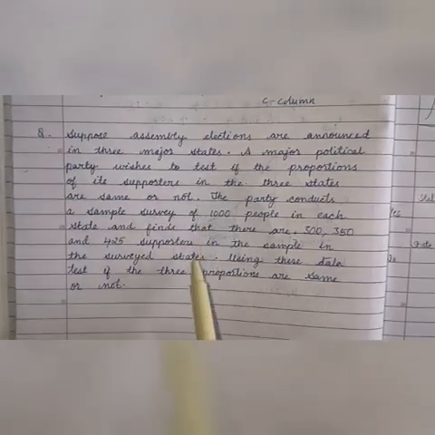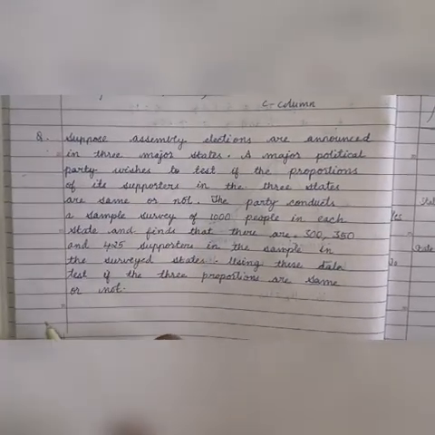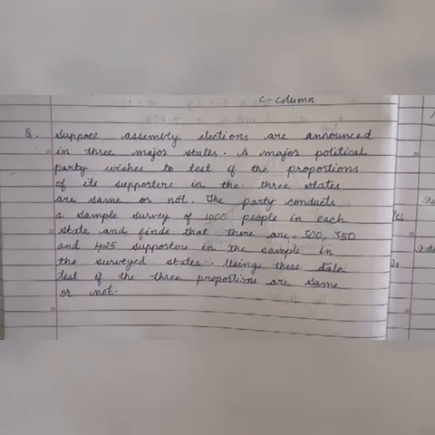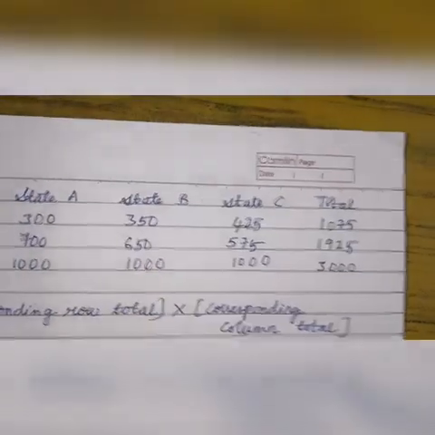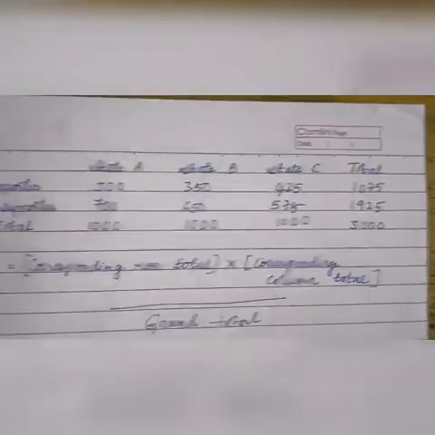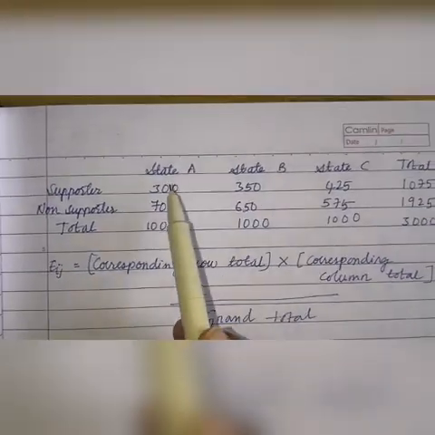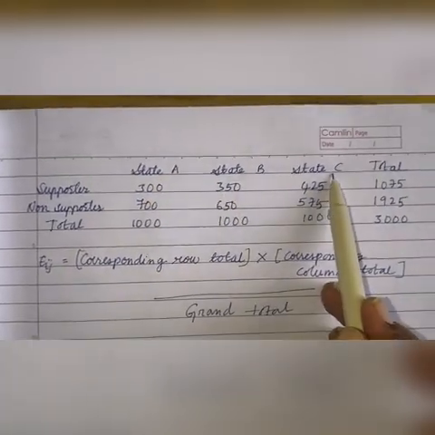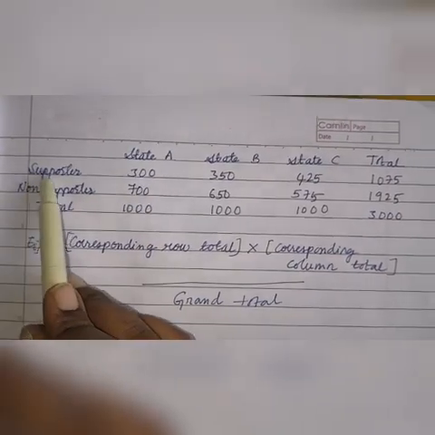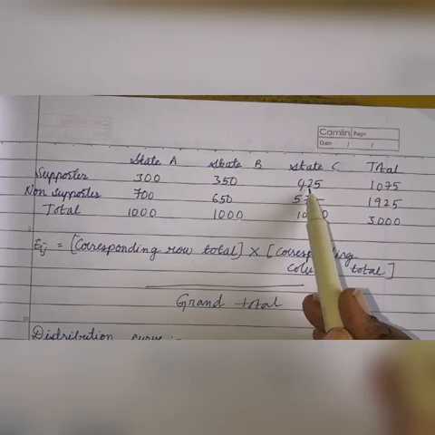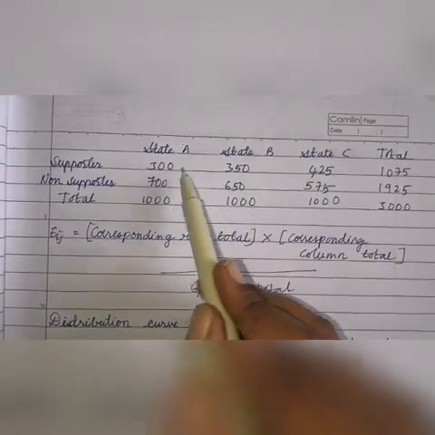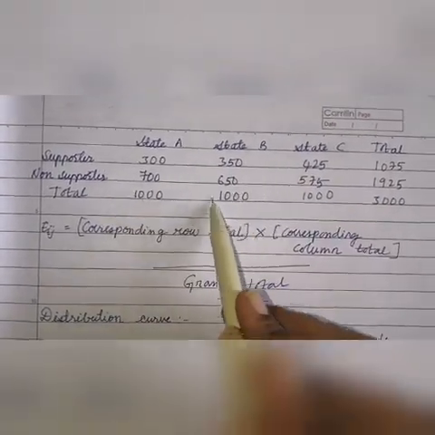Okay, so they have given us data. They said there are supporters and there are non-supporters. In each state there are 1,000 people, so there are three states. So I have classified the data as projected here. So we have three states: state A, state B, state C. People who support the political party are 300 in state A, 350 in state B, 425 in state C. And we know each state has 1,000 people.